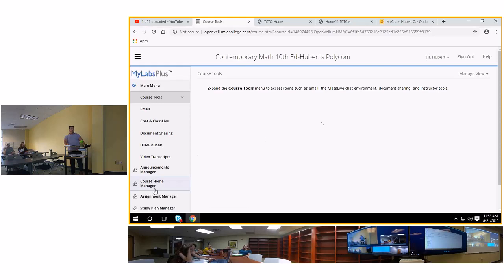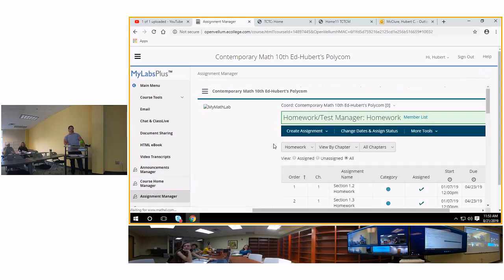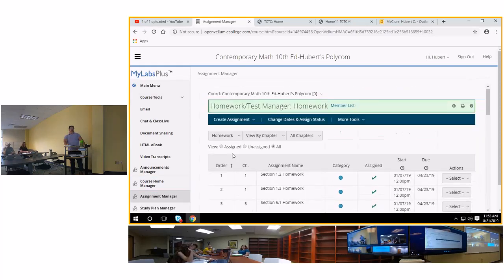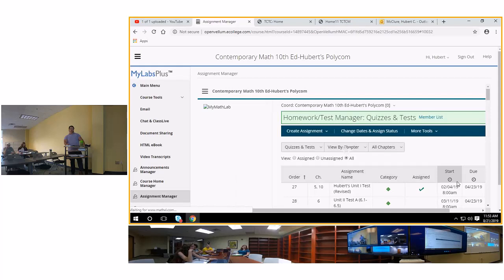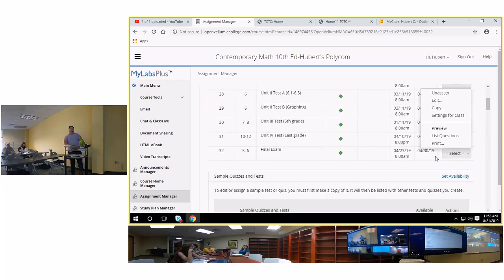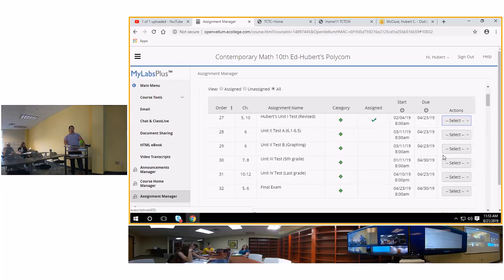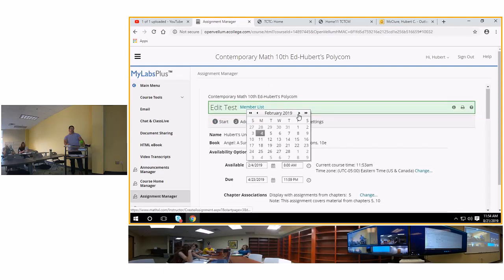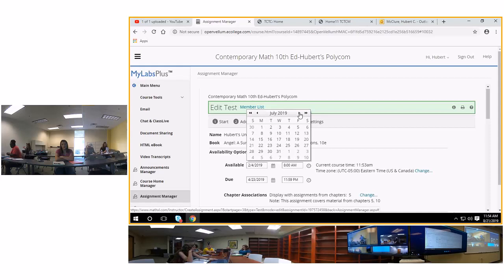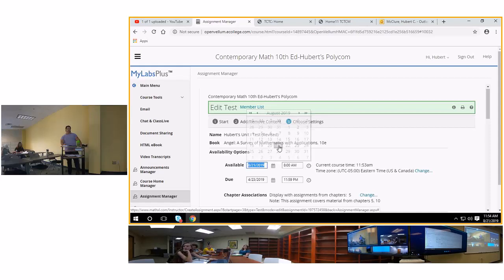As soon as I load this test up for y'all, let's go here, test. I'm going to make the Unit 1 test assign. Settings for class. And today, what's today? Today is August the 21st.